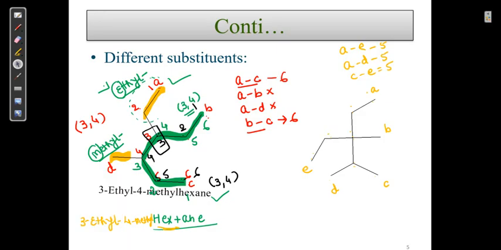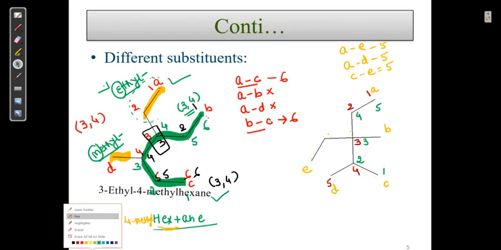So suppose I enter from this side, 1, 2, 3, 4 and 5. One possibility is this one. Another possibility is 1, 2, 3, 4 and 5. Another possibility is 1, 2, 3, 4 and 5. These are also the same.